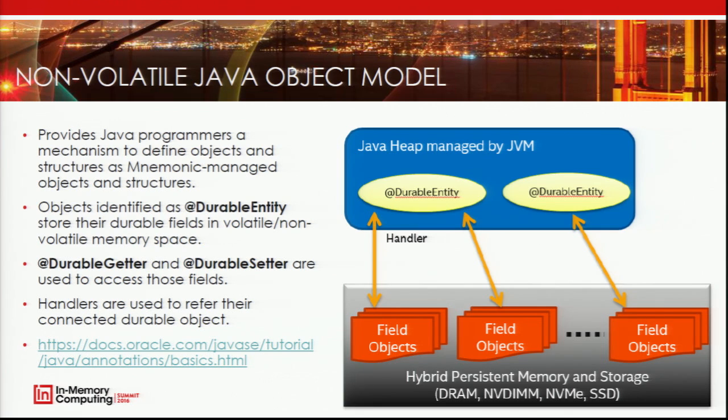But in this way, we give programmers the right to know and to specify where they want to store their data. They can use the original Java objects and hand that to the JVM, and they can also specify this way. They tell us where they want to store their data, what kind of data, and how fast and how large their data should be allocated in a certain place.